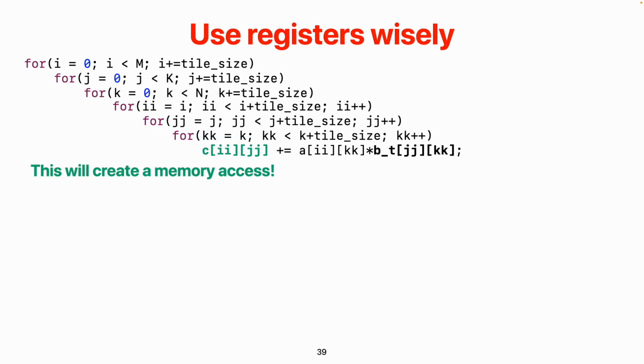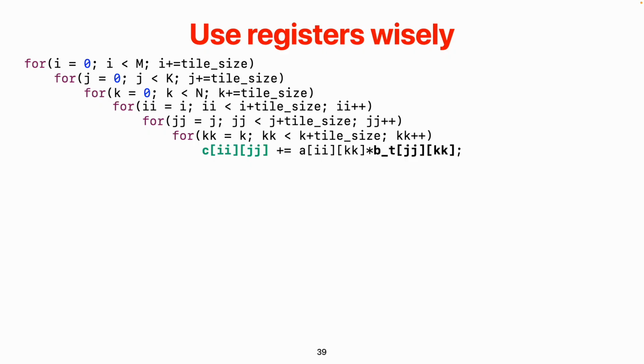First of all, if you look at this, it seems trivial that we always have to put stuff into C[i][j]. And this statement is actually going to trigger a memory access to put the result into C[i][j].